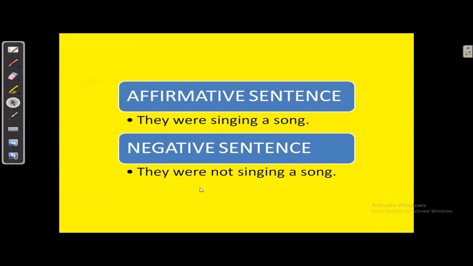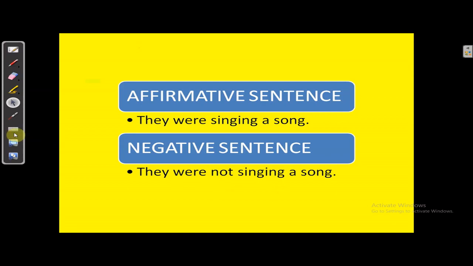Okay, now you see, whenever we make negative sentences, this is the only thing that you need to carry in the mind, that after the helping verb we apply the negation sign, so it becomes a negative sentence. There are various methods by which we can make negative sentences, but in past continuous tense we can make it like that.